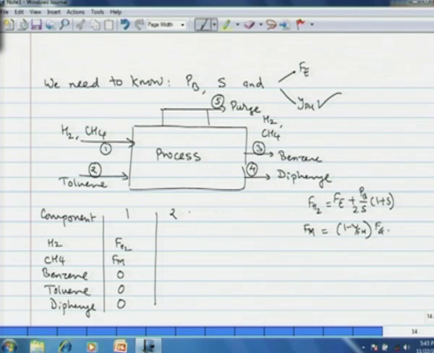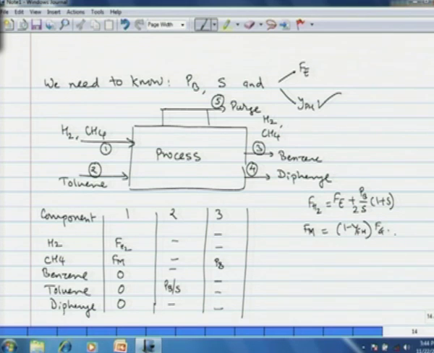The second stream, which is toluene, contains only toluene, and the flow rate is Pb by S, as we just derived. The number 3 stream, which is the primary product, contains only benzene, that has production rate of Pb and no other product.